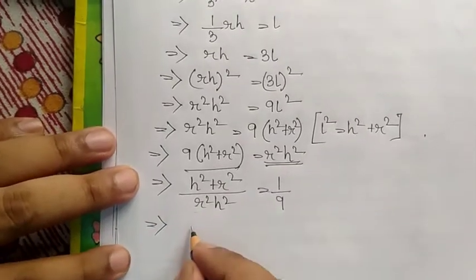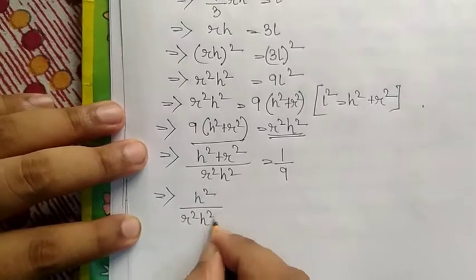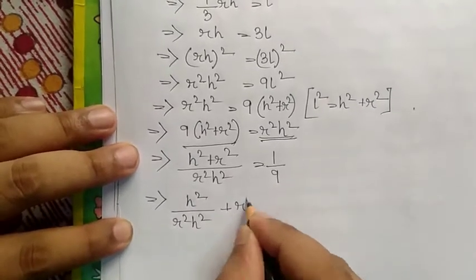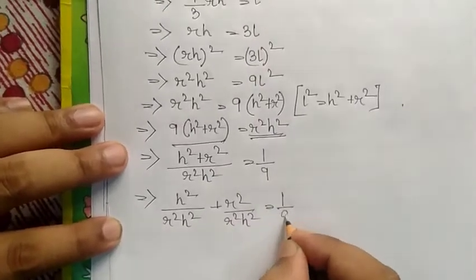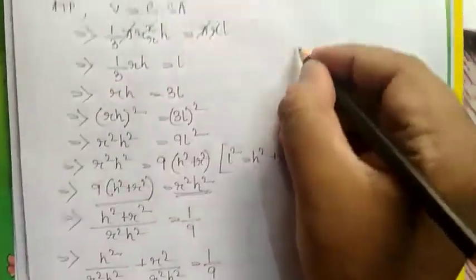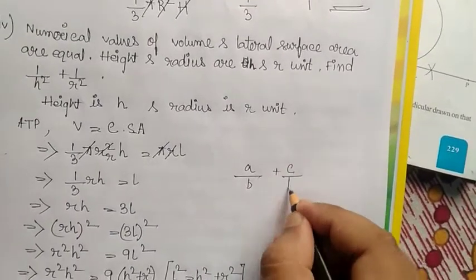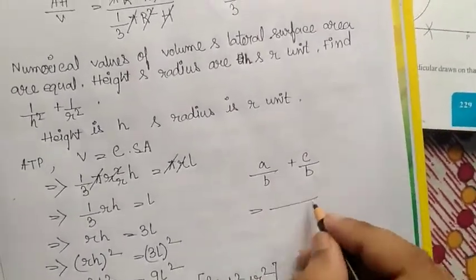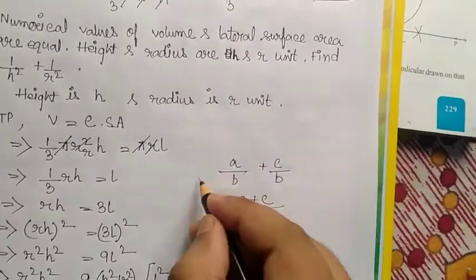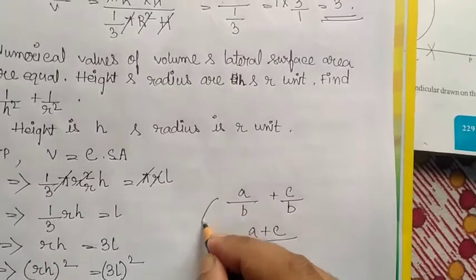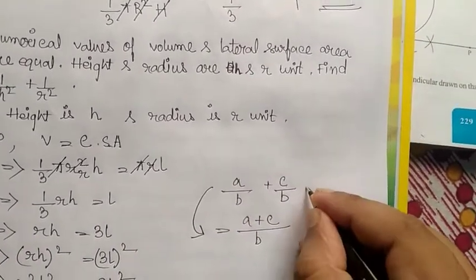Because after that you can write h square by r square h square plus r square by r square h square equal to 1 by 9. Why? See, if A by B plus C by B, the LCM is B, so we can write A plus C by B.